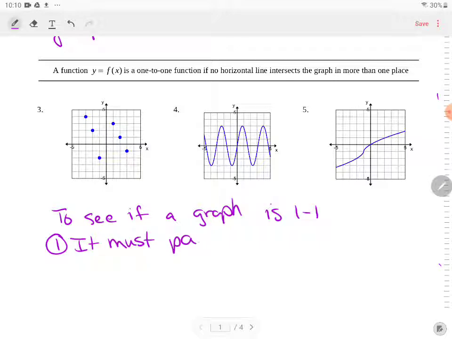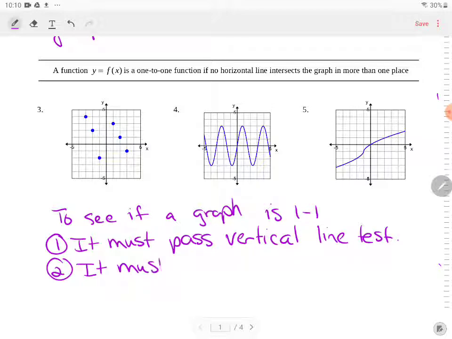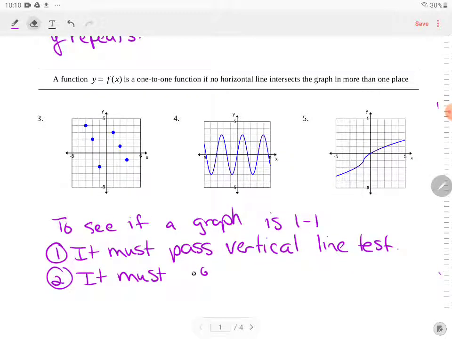Each vertical line can only cross once. Number 2, it must pass the horizontal line test. Each horizontal line can only cross once.